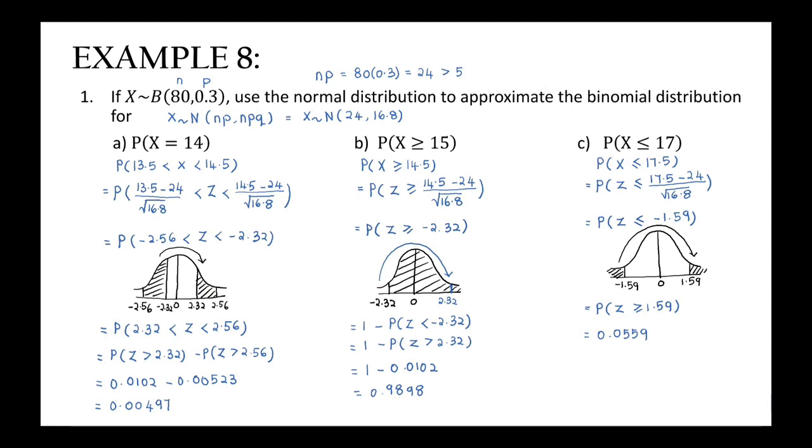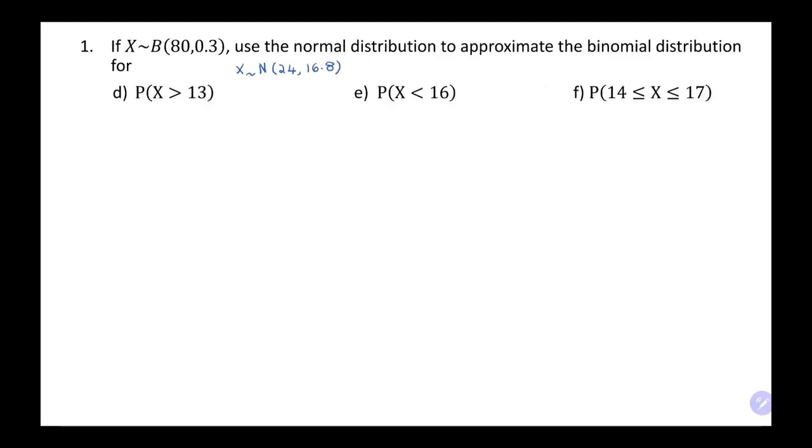We continue next question. D, P(X greater than 13). So first step, we need to use continuity correction or CC. X greater than. Since greater than doesn't have equal sign, so we plus 0.5. So become 13.5.